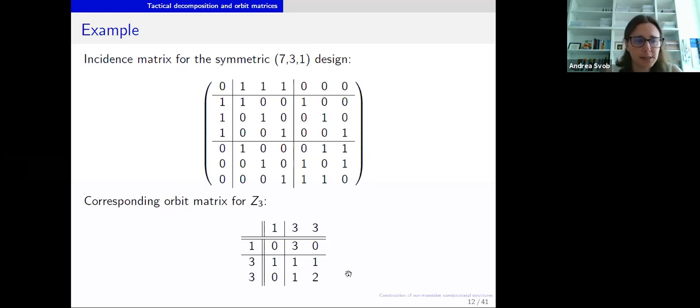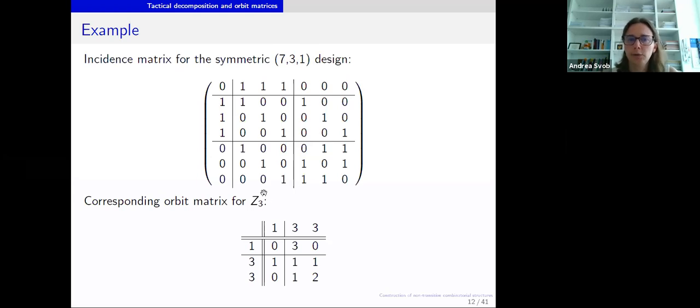So this is an example for an orbit matrix obtained from this incidence matrix, and of course for an action of the group Z3. So the cyclic group of order 3 is contained in the full automorphism group of the 7-3-1 design.